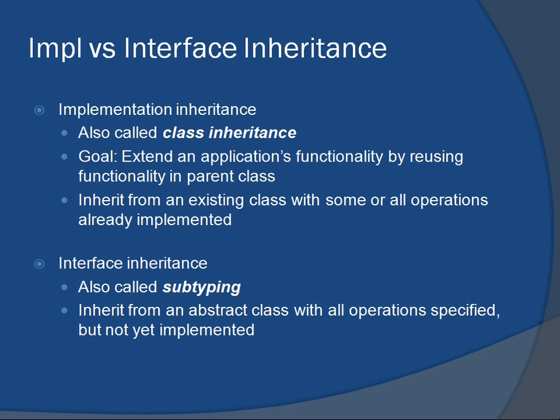Now here we try to find out the differences between implementation inheritance and interface inheritance. Implementation inheritance is also called class inheritance. The basic idea is to extend an application's functionality by reusing functionality in the parent class.